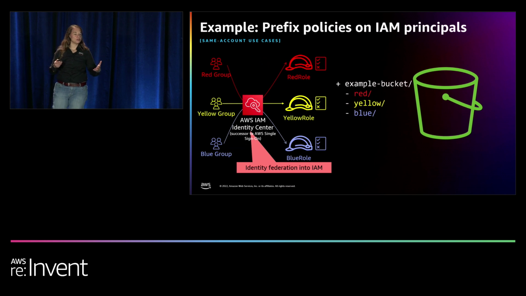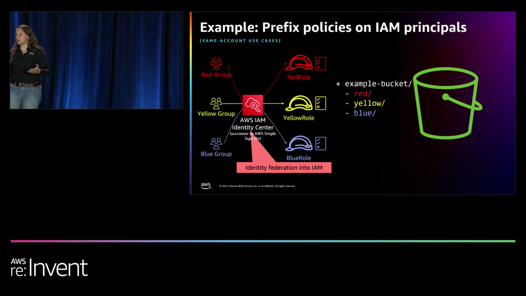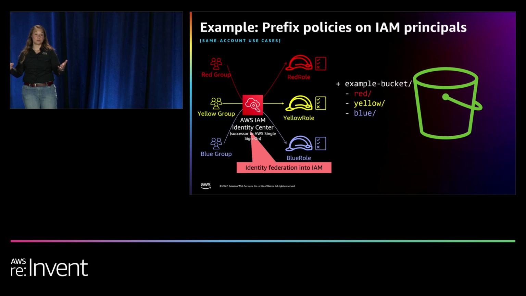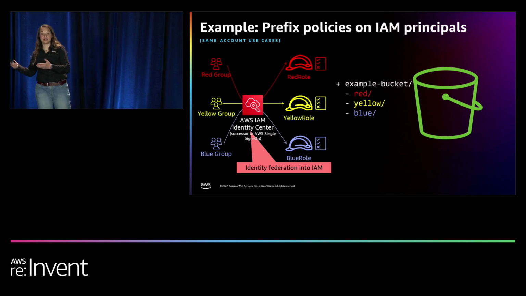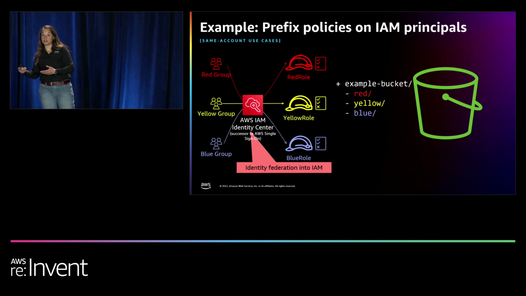Back to these users, if these entities are actually users, we're also probably talking about some sort of identity federation into IAM. If you work for a big company using AWS or even a small company, you're probably familiar with IAM federation, even if you don't know that word, because your company probably has some way of getting you mapped into IAM roles in order to use AWS, use the console, et cetera.